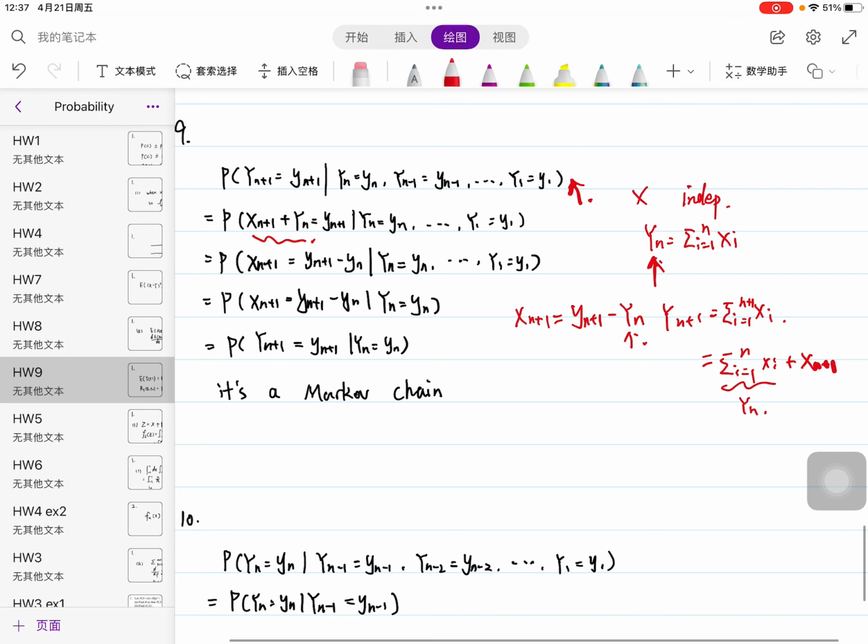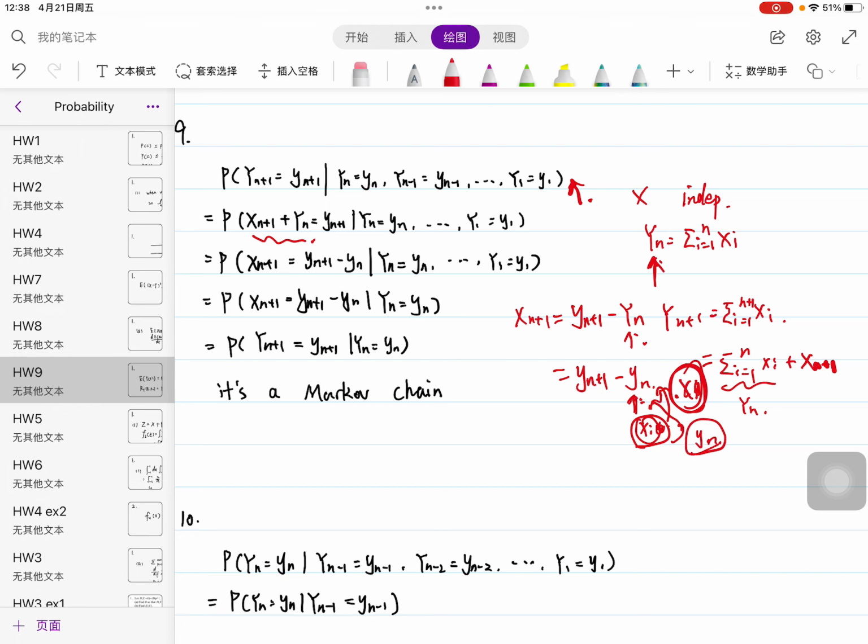Here that is capital Y, and we could also write it as lowercase yn, since we take all those lowercase xi as the values of the random variables X, and then we sum all those lowercase values together, we get the lowercase y. So that is the value of Yn at that time.